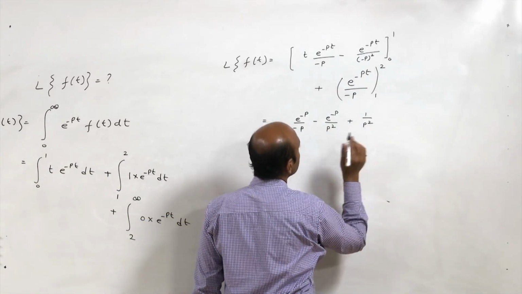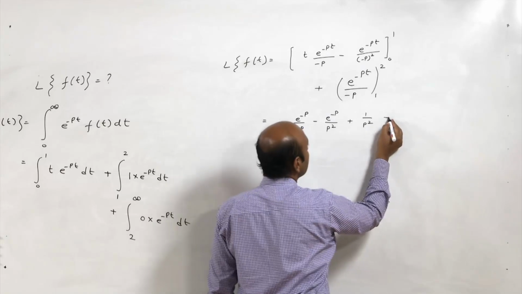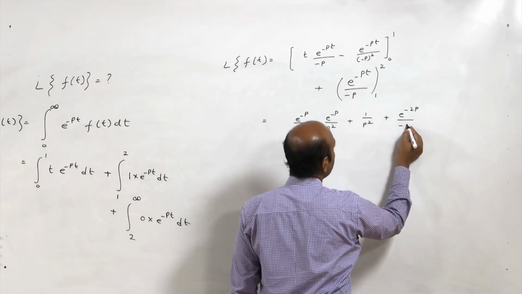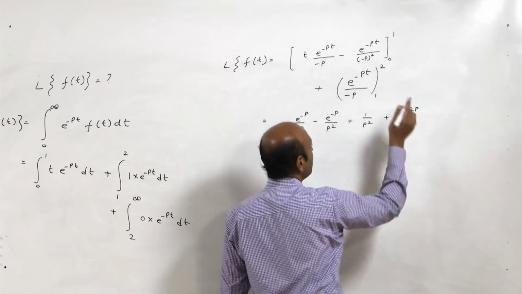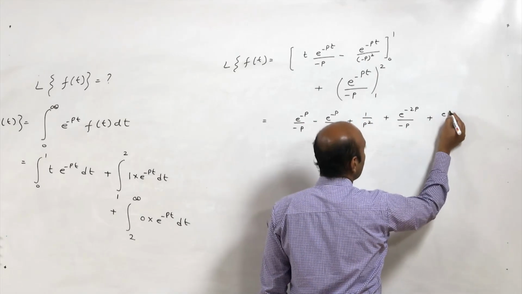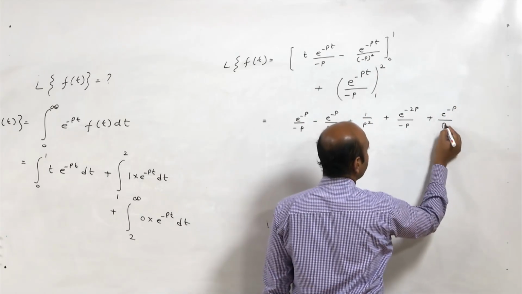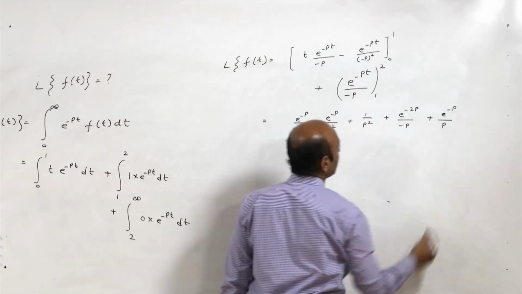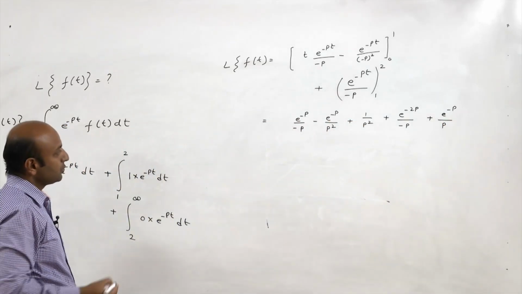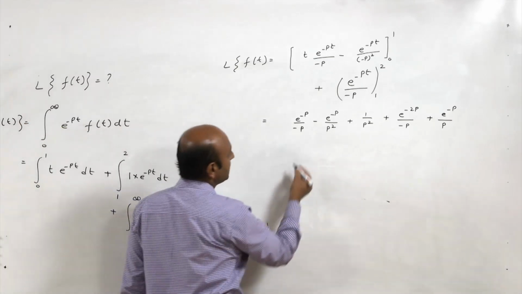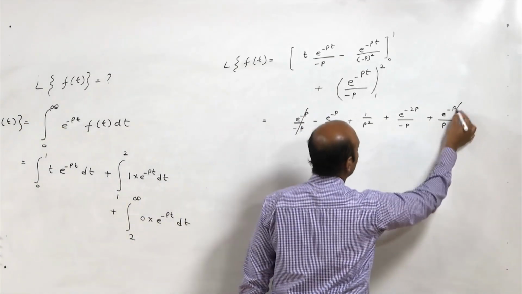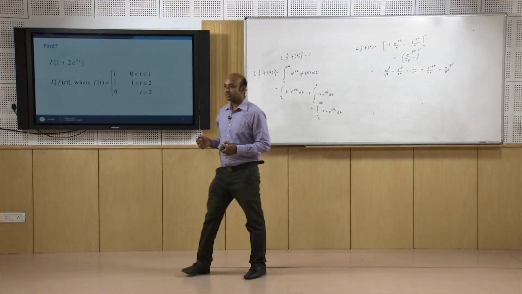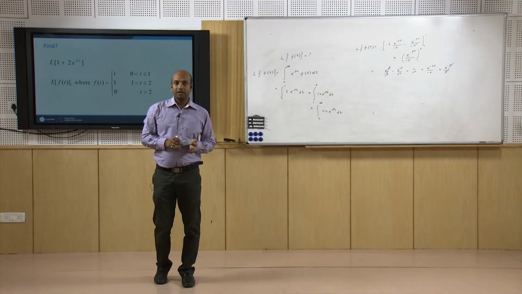And it is nothing but plus e to the power minus 2p upon minus p, and at 1 minus minus plus e to the power minus p upon p. So we simplify it, these two ratios cancel out, and we will get the Laplace transform of the required function f(t).